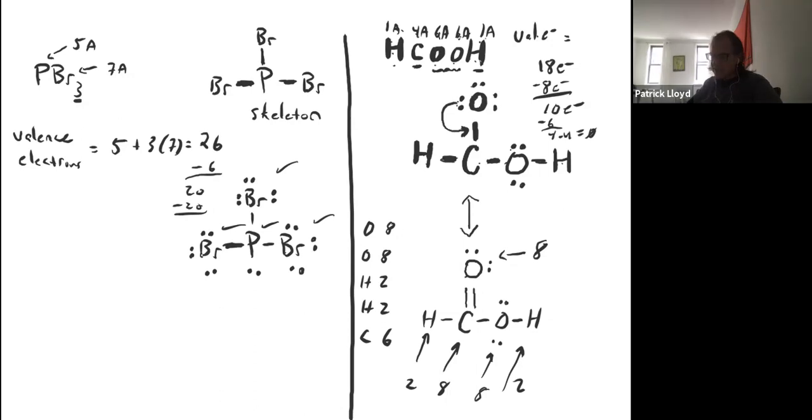So there's your technique, right? Draw the skeleton. That's a little tricky because of the organic nature of the molecule. It wasn't obvious how to arrange the atoms, but that's how you do it. You put the carbon at the center, surround it with any hydrogen that comes before it. You're going to put that on that carbon. These are both going to be surrounding oxygen, so both those oxygens go on the carbon.